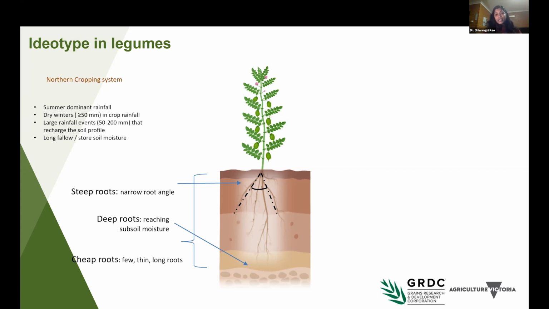And this particular ideotype is very good for a system where there is moisture available, and that is mostly in the northern cropping system, such as in Queensland, further north in Australia, where it has a summer dominant rainfall and dry winters, but we do get large amounts of rainfall before the cropping season starts. So there's enough water available, and they often have long fallows. So that's all good with the cheap, deep, and steep root ideotype in that particular cropping system.